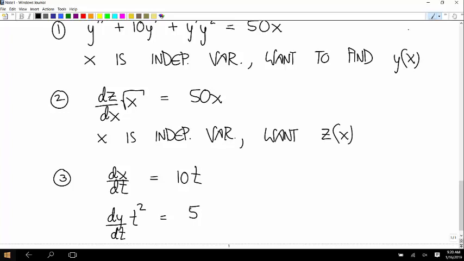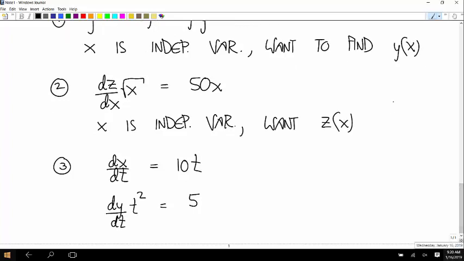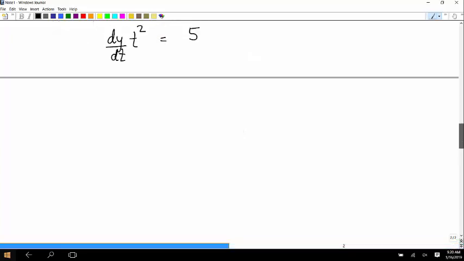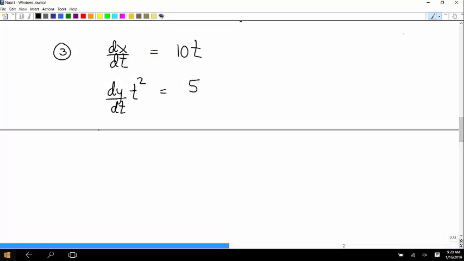Is that an ordinary differential equation or a partial differential equation? This is an ordinary differential equation. We still only have one independent variable, that's t, and x and y are both functions of t. So we can be solving for a million functions and still have it be an ordinary differential equation.